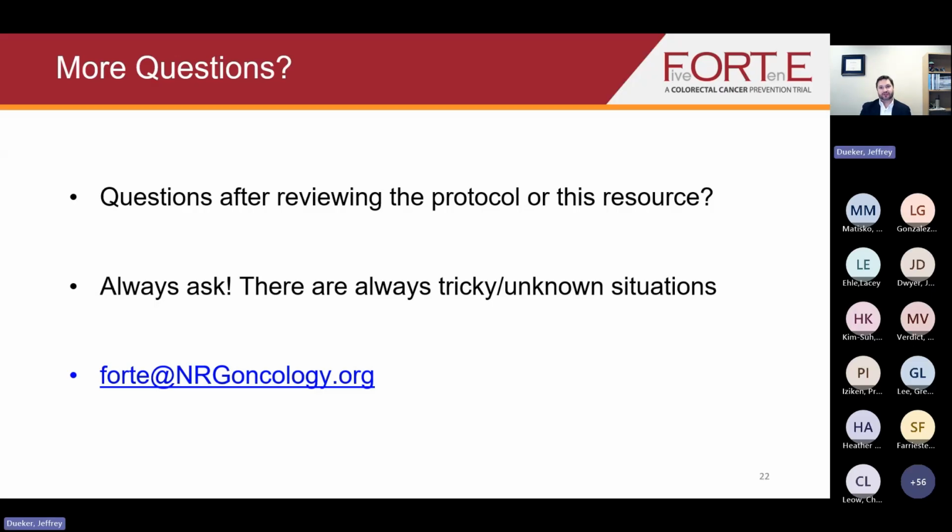The next question is a family history of colon cancer with no indicated age of diagnosis. This is a very good question. So we have a requirement in exclusion criteria that if there's a family history of colon cancer in a first-degree relative below the age of 60, that's considered a higher risk person, and they would be ineligible.